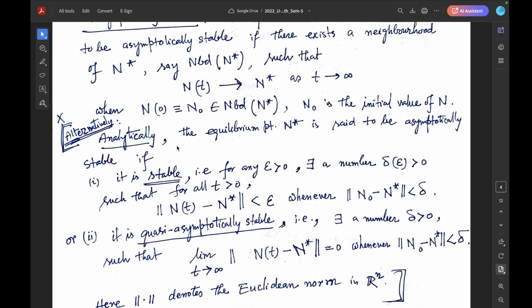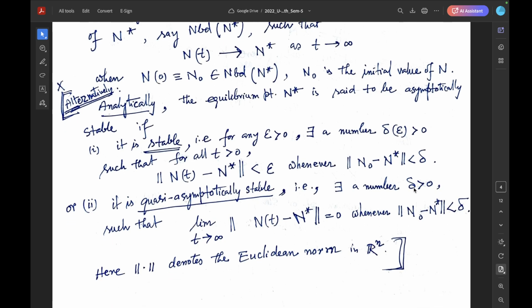Alternatively, we can say this equilibrium point n star is said to be asymptotically stable if it is stable. That is, for any epsilon greater than 0, there exists a number delta depending on epsilon greater than 0, such that for all t greater than 0, norm of n(t) minus n star is less than epsilon whenever norm of n0 minus n star is less than delta. Or it is quasi-asymptotically stable.